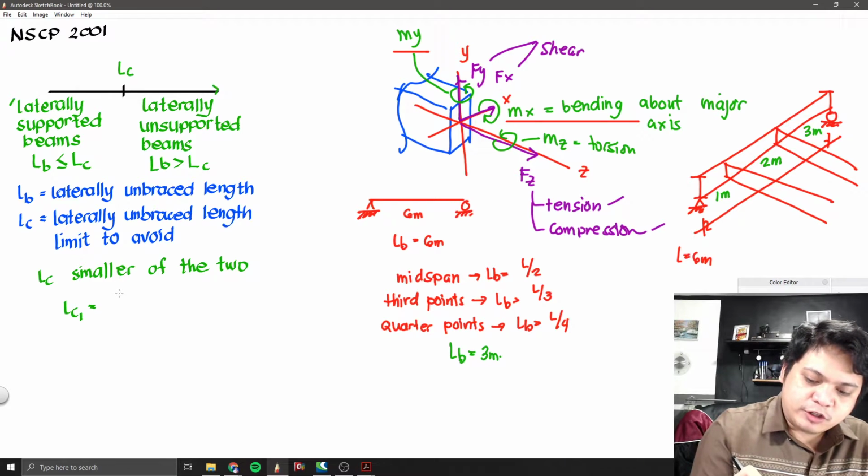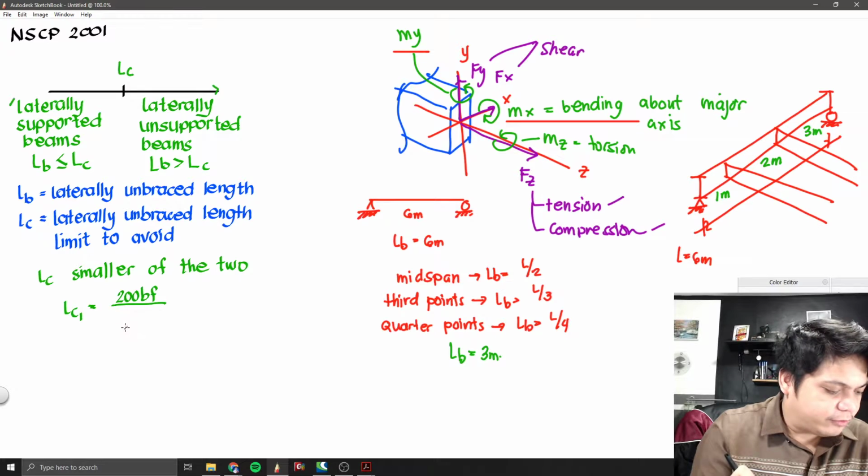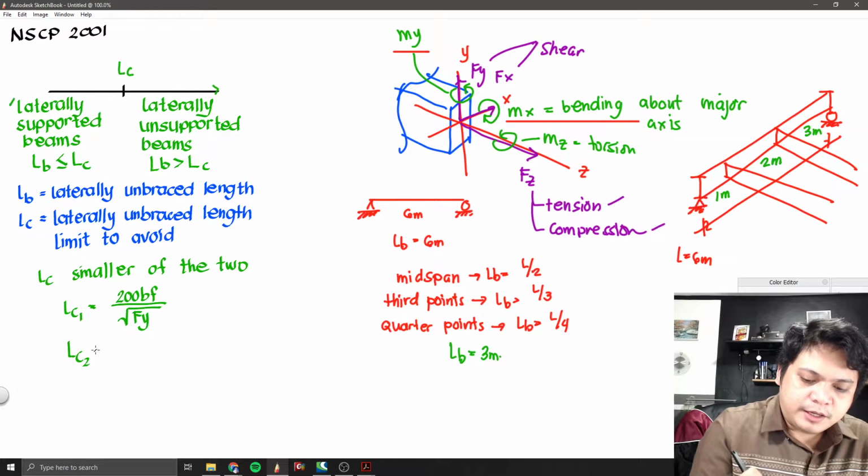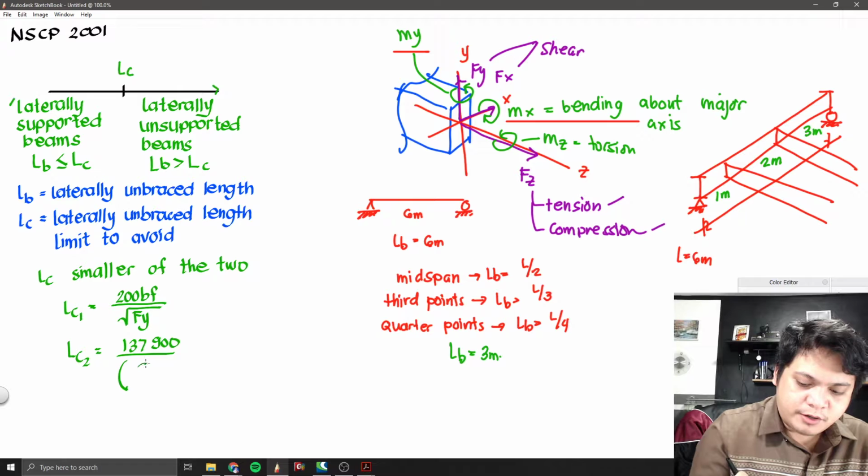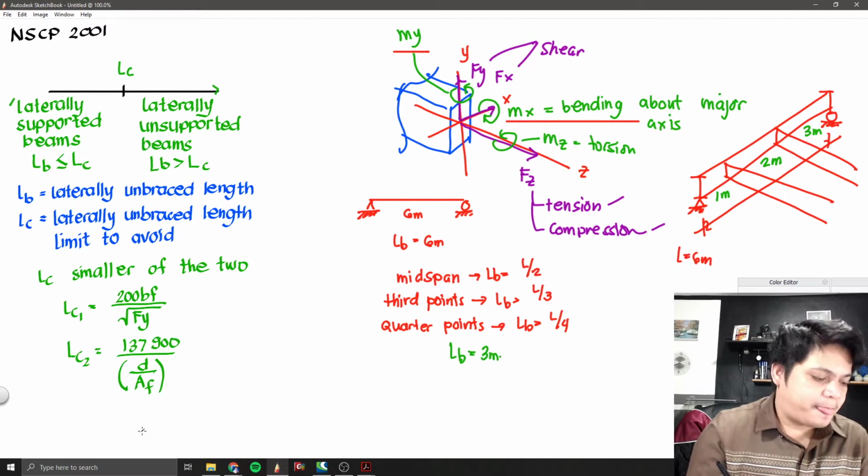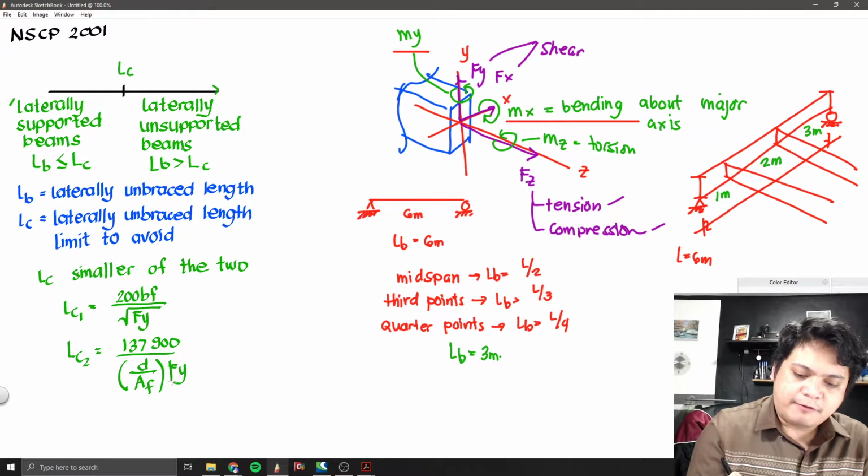LC1 is 200 BF all over square root of FY. And LC2 is 137,900 all over D all over AF, the area of the flange, and then multiplied by FY.